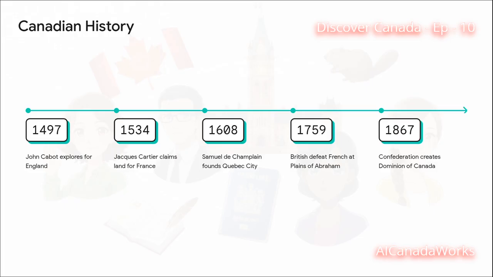Fast forward a bit and we hit 1759. This is a huge pivotal moment where the British defeat the French at the Battle of the Plains of Abraham, forever altering the trajectory of the continent. But listen, the absolute most important date to lock into your memory for the test is July 1st, 1867. That is Confederation, the birth of the Dominion of Canada.